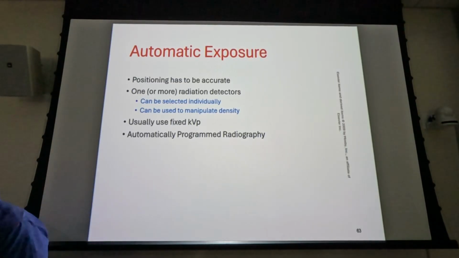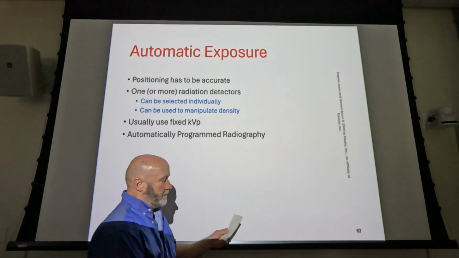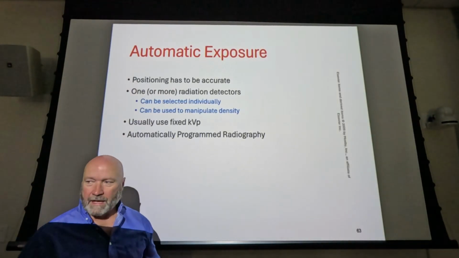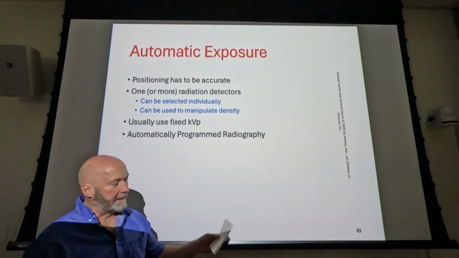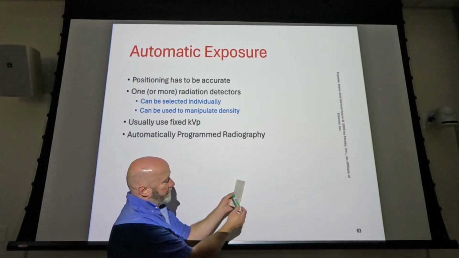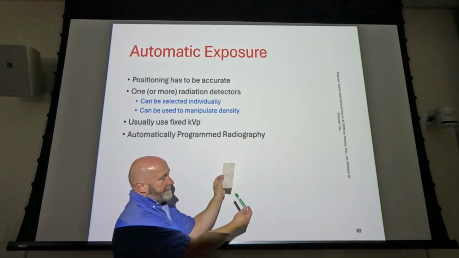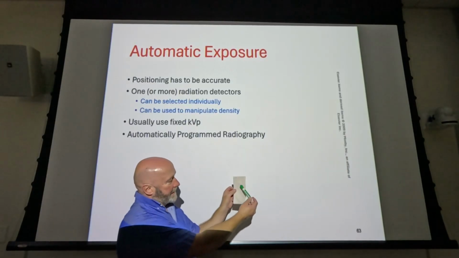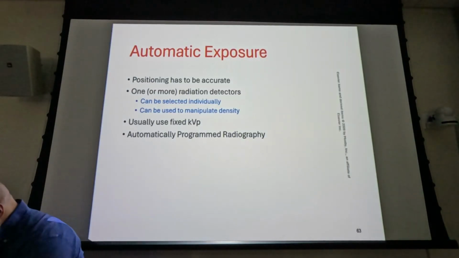But now, what if you've got a situation where you perfectly position the anatomy over the AEC, but the skin level is here and here with the bone there, and this is the size of your AEC. Can you see that line? Let me make the line green and big so you can see it better.